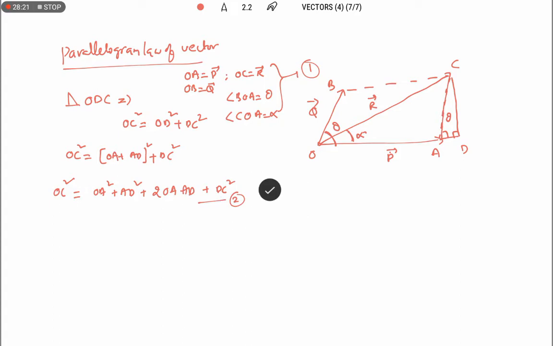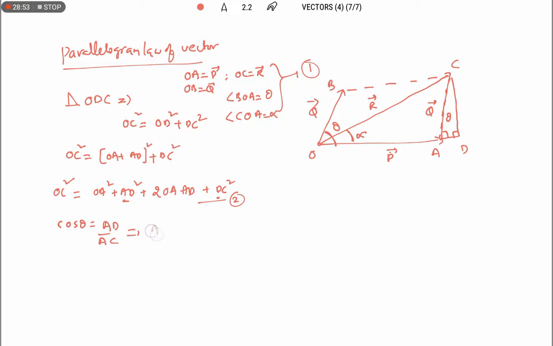So in this, what are the known values? OA is known, OB is known, OC is known, but AD and DC are unknown. Like in the last derivation, AD we are going to get as cos theta. Cos theta is equals to AD by AC. This AC is equals to OB.